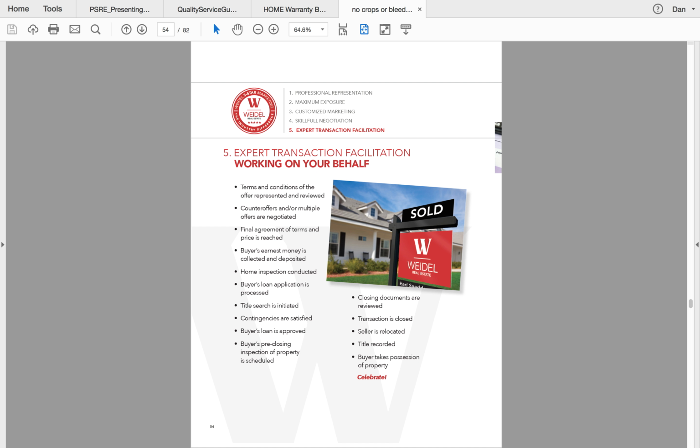So what we want to point out to the seller is that the 5-star advantage can help with post-contract contingencies. An example of that would be home inspection negotiations. And there could be others. There could be when an appraisal doesn't come in at the right amount or something to that effect.